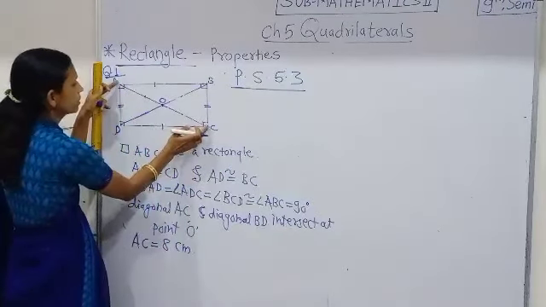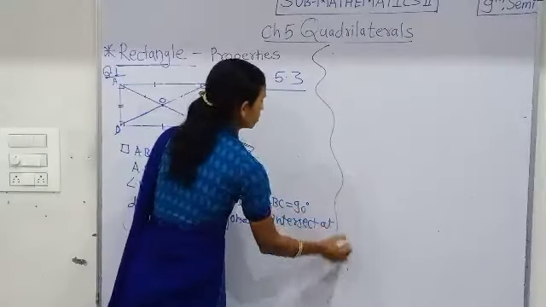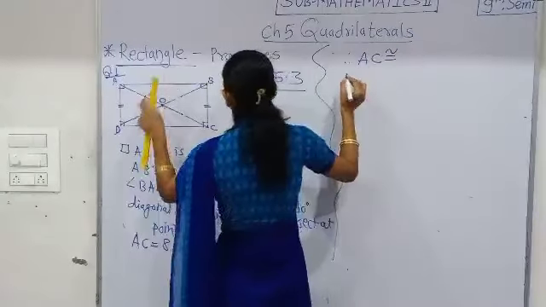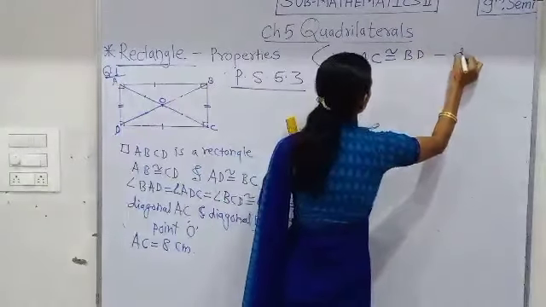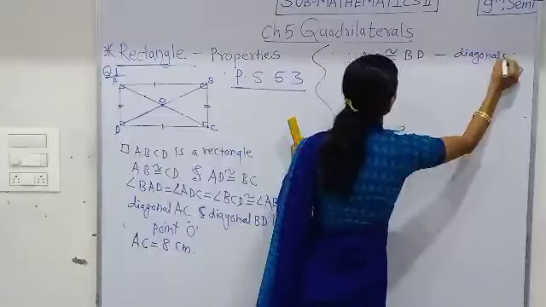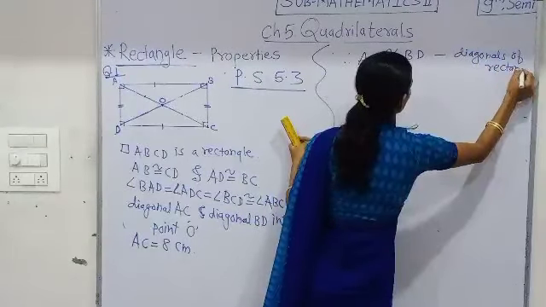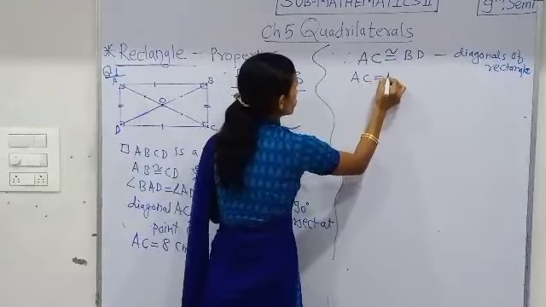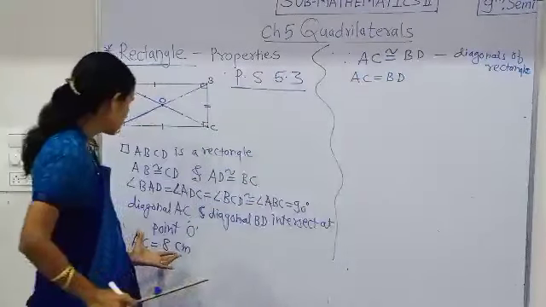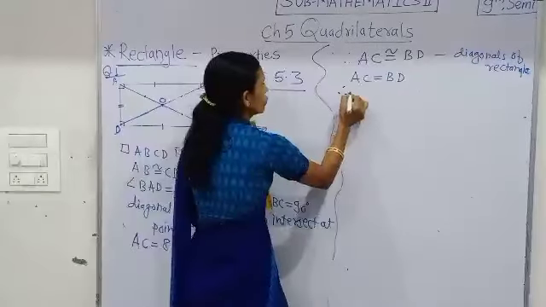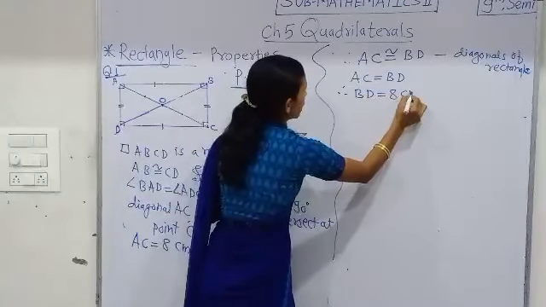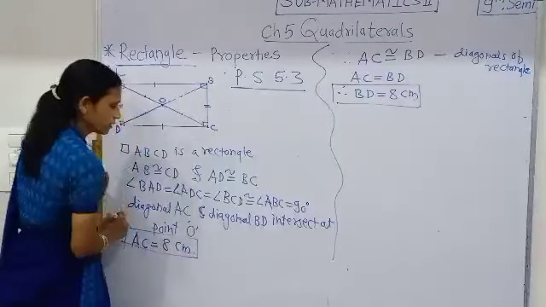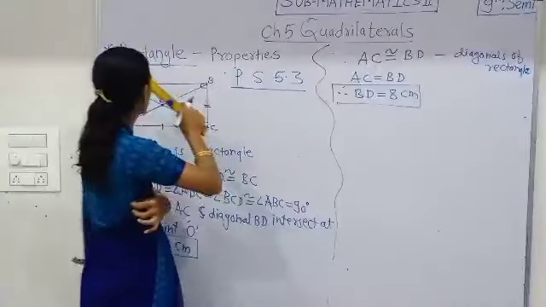Therefore we can write AC is congruent to BD, as the diagonals of a rectangle are equal. As the length of AC is given as 8 centimeter, therefore BD is also 8 centimeter.